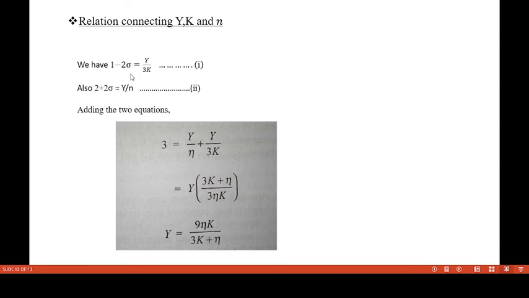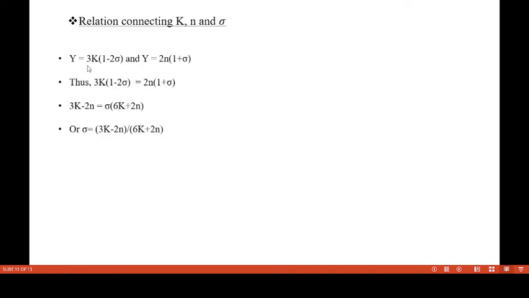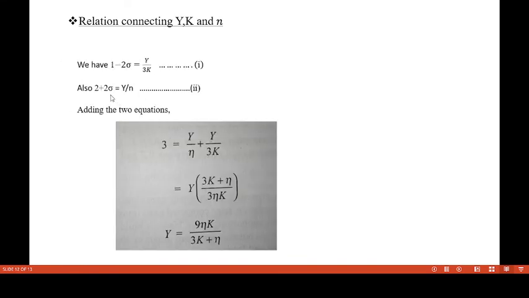So 1 minus 2 sigma equals Y upon 3K, and 2 into 1 plus sigma equals Y upon n, which is 2 plus 2 sigma equals Y upon n. Adding these two equations, on the LHS we get 2 plus 1, 3, and 2 sigma minus 2 sigma cancels, and we add the two terms on the right hand side. So finally we obtain the relation connecting Young's modulus, bulk modulus and rigidity modulus.